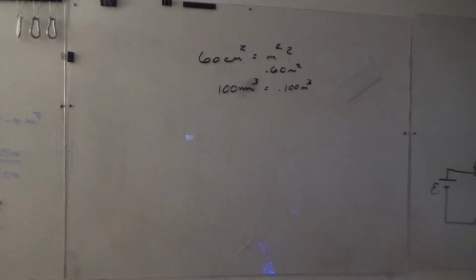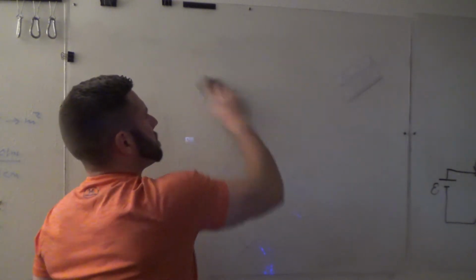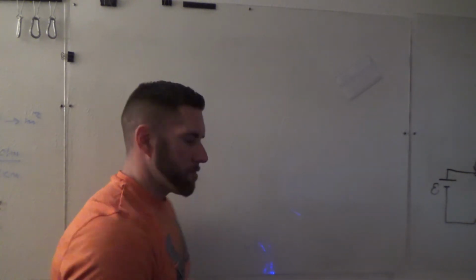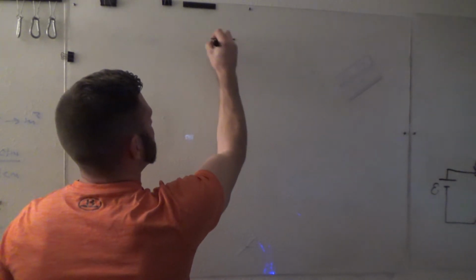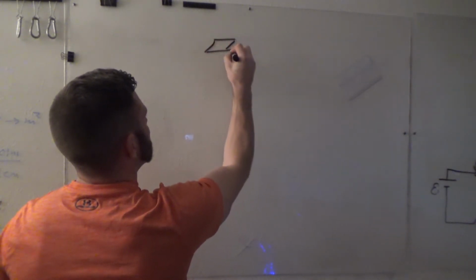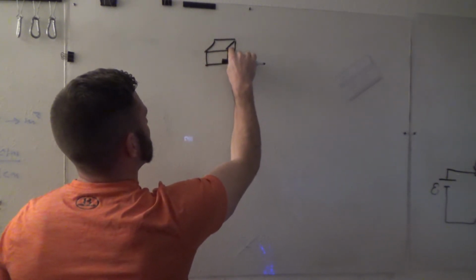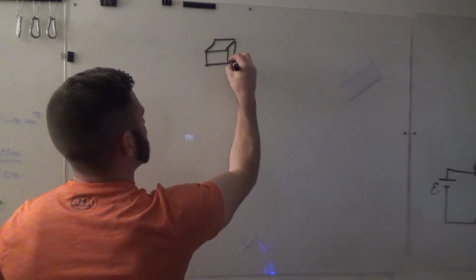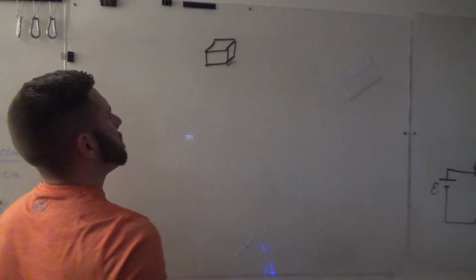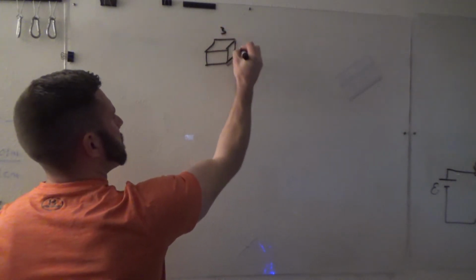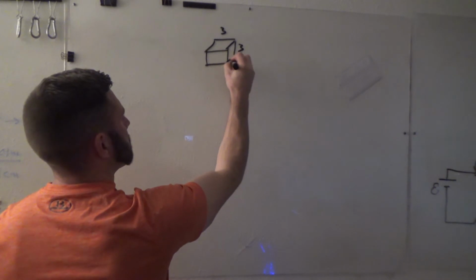Let me grab the eraser. This is how it's supposed to work. This isn't the proper way to teach it, but it clarifies. So what we're going to do is we got a box. And one of the things we got right here is we got 3, 3, and 3.